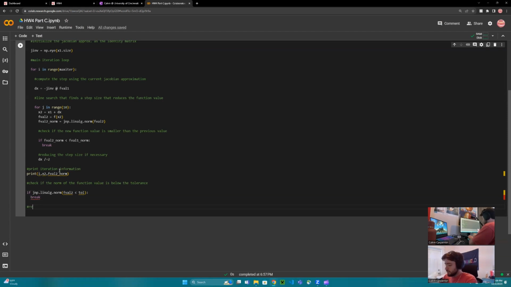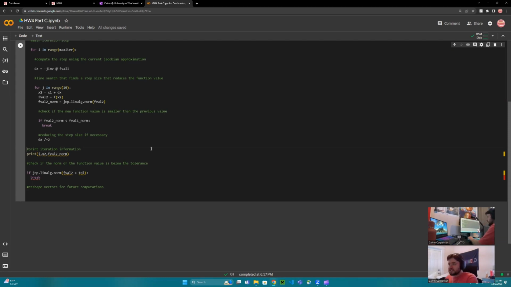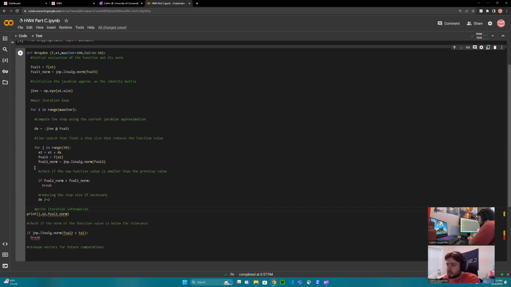So now we're going to reshape vectors for future computations. Okay, so these lines actually need to be in here. That's why they're not defined.